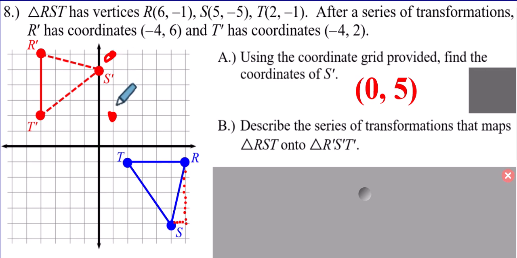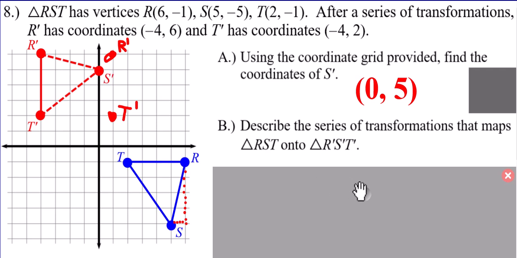So if I now figure out T prime was here and R prime was here, but now they're over here, that would be a translation 1, 2, 3, 4, 5. And let's double check 1, 2, 3, 4, 5. Yes. So there you go. It would be a translation 5 to the left.